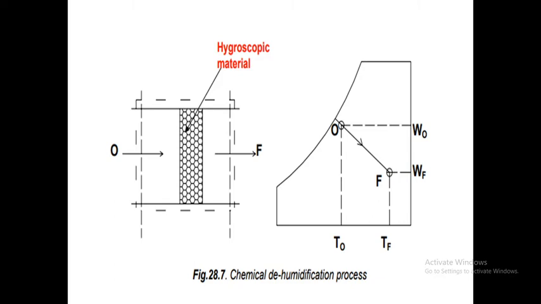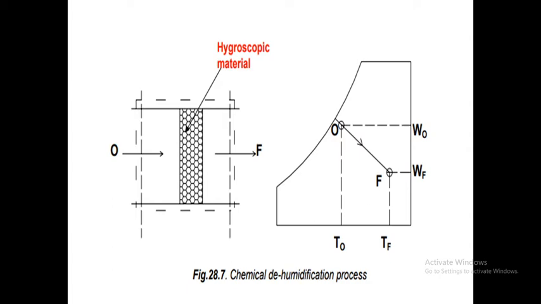This figure shows the chemical dehumidification process. In the left side diagram, the process is achieved by using a hygroscopic material, which absorbs the water vapor from the air.